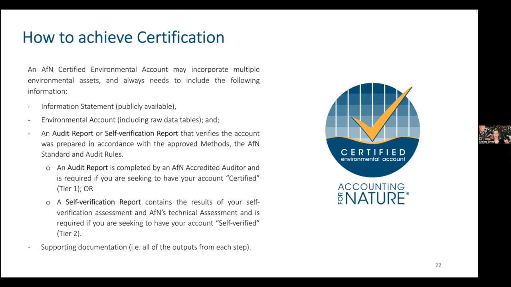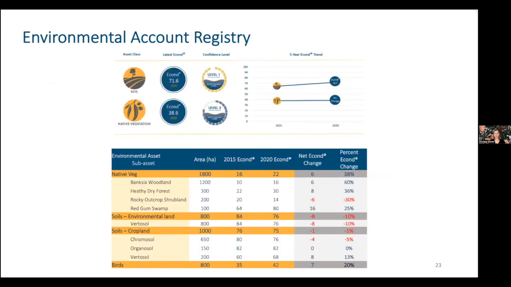As part of certification as well, we would generally also require various supporting documentation, and most of the time that will be the outputs from each of those steps. So once your account has been certified, it will be listed in the Accounting for Nature Environmental Account Registry.